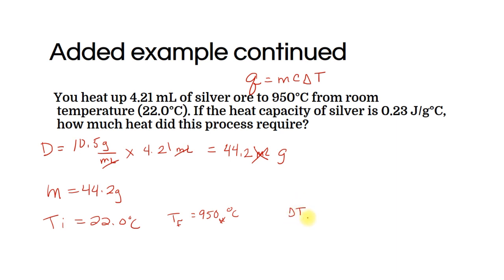So the change in temperature is going to be the final temperature minus what I started at. So 928 degrees Celsius is our change. That got very hot. All right, so that gives us delta T. So I got M, I got delta T. Oh, and it says the heat capacity of silver is 0.23. So that's our variable, S.